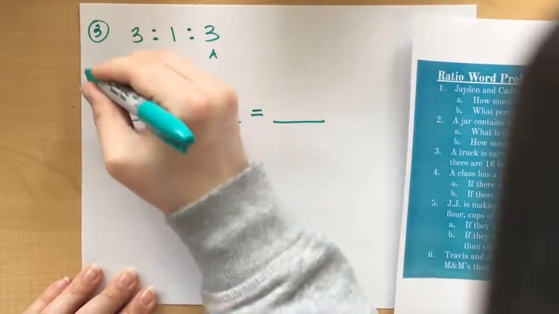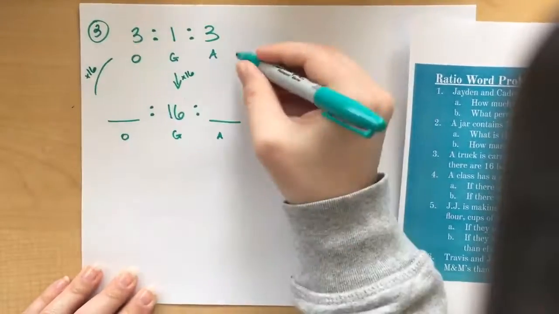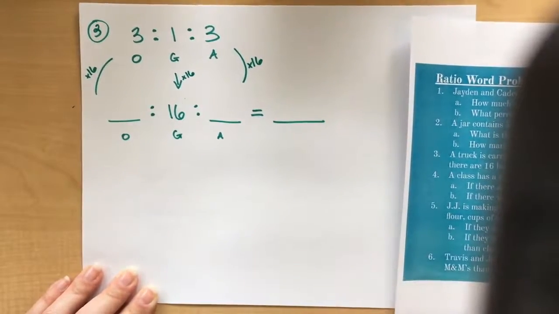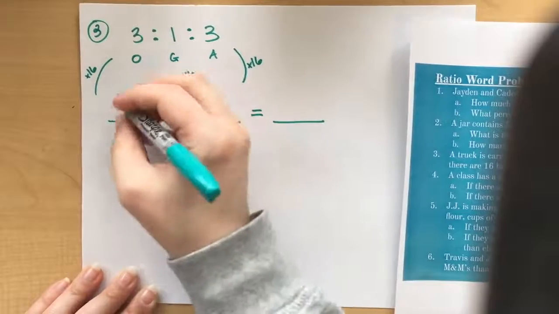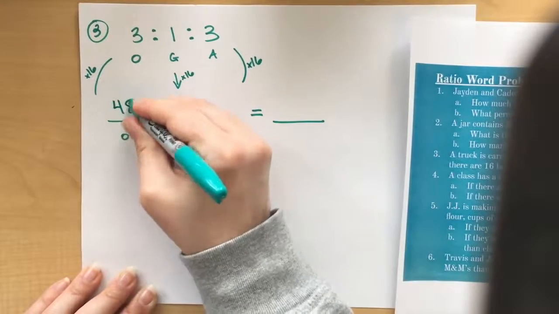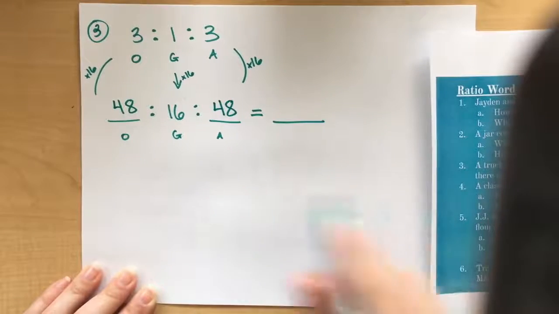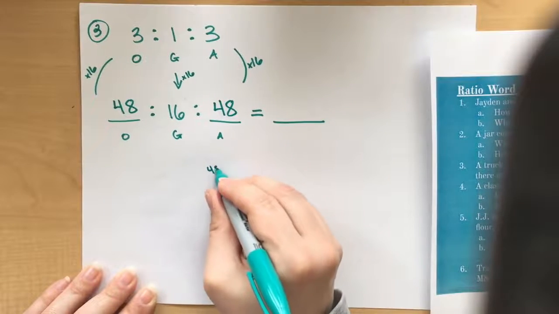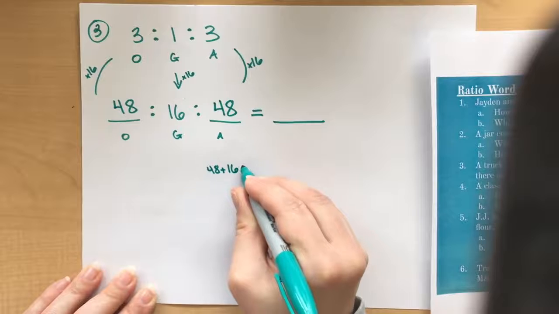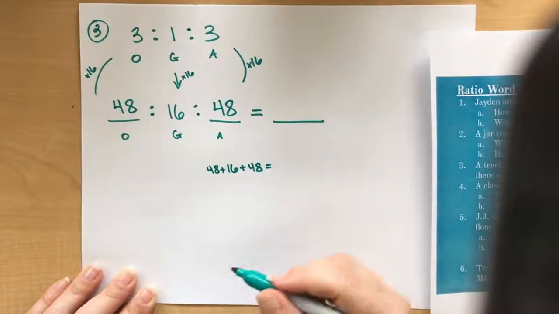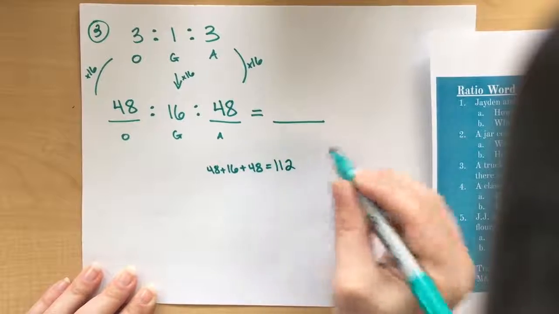What I do to that one part of the ratio, I have to do to the other to make sure it's an equivalent ratio. So if everything's getting multiplied by 16, 3 times 16 gives me 48. 3 times 16 again gives me 48. And now I'm simply adding up 48 plus 16 plus 48 to find out how many bottles there would be in total, and that equals 112.